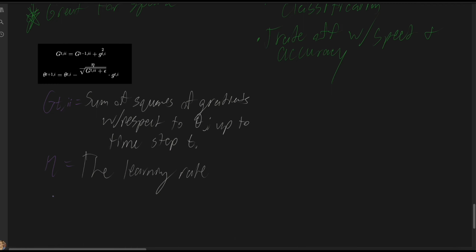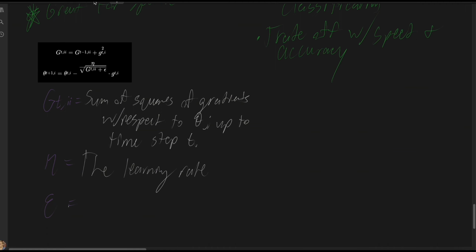Epsilon is a constant to prevent division by zero, similar to root mean square propagation. And finally g of t, lowercase. So we have this symbol right here, g of t.